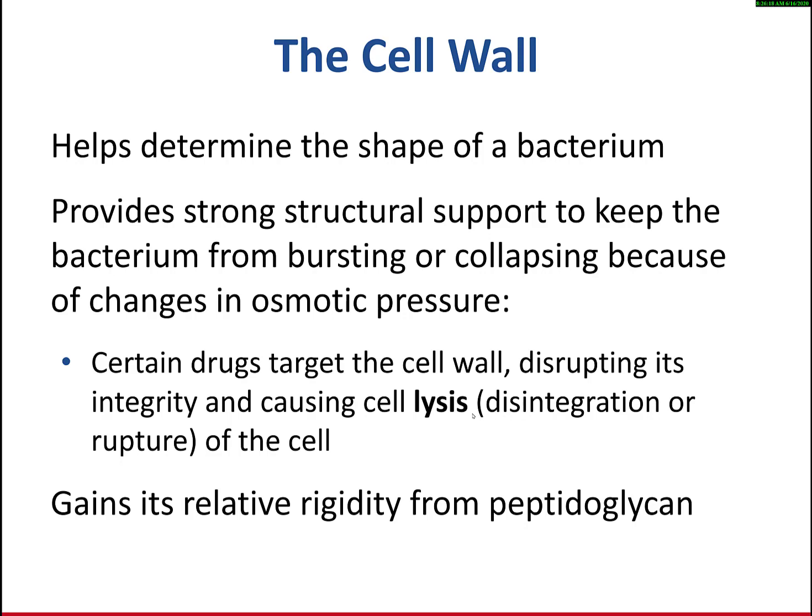A good example would be an antibiotic that's penicillin based. It basically disrupts the integrity by preventing certain components from being made, and as a result of that, it weakens the cell wall.